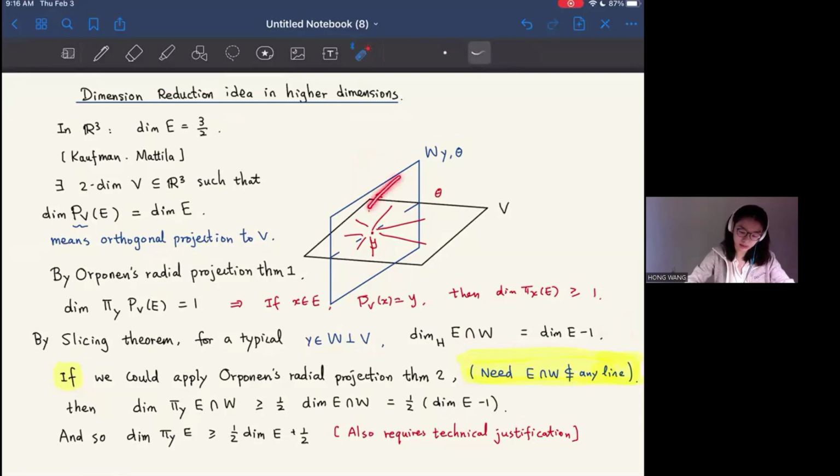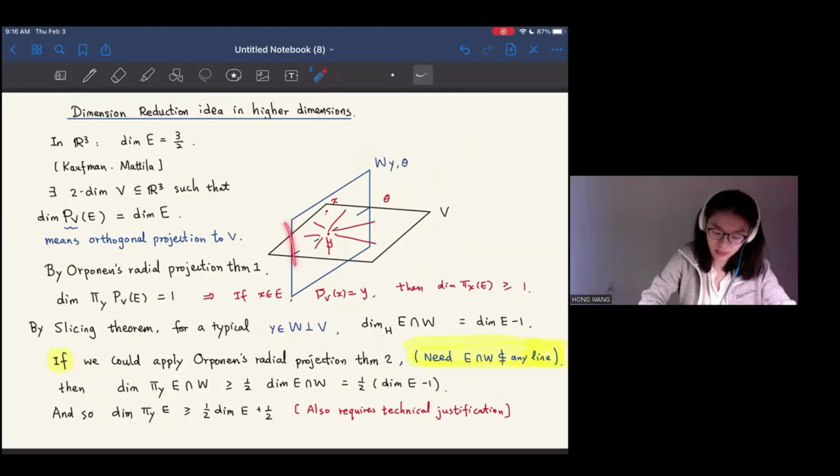So for X, we have a 1/2-dimensional set on this two-plane. And if we could apply Orponen's radial projection theorem too, we know that the radial projection image on this slice has dimension 1/2. And if this really works, then the radial projection image has dimension that is better than 1.